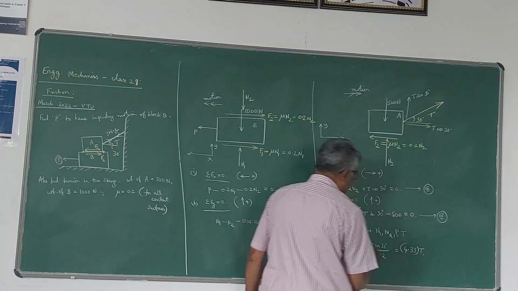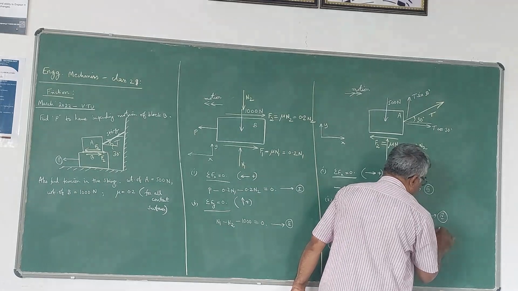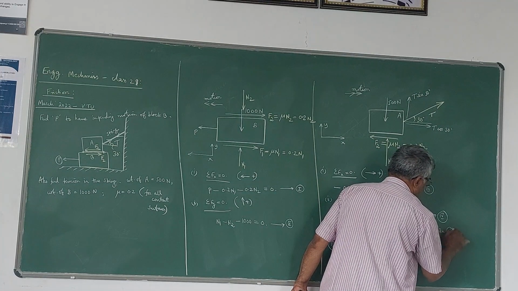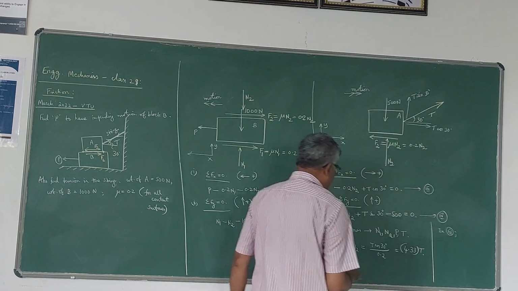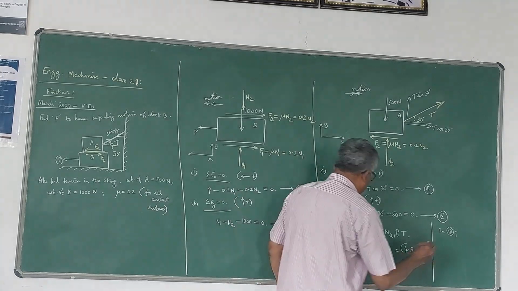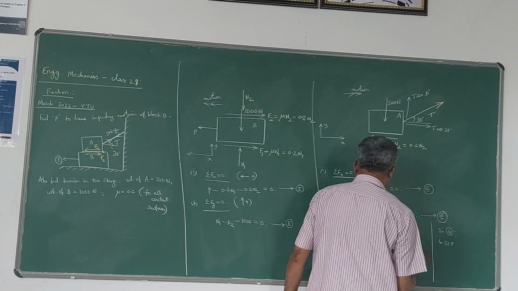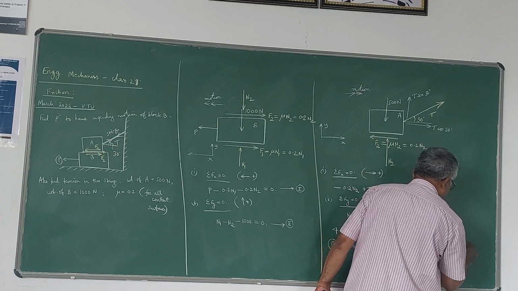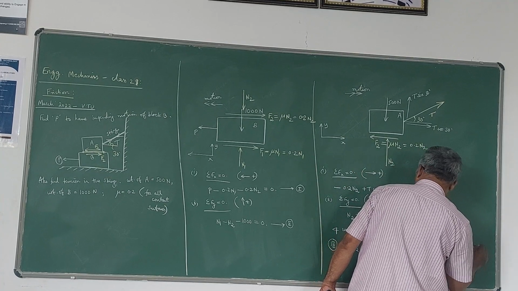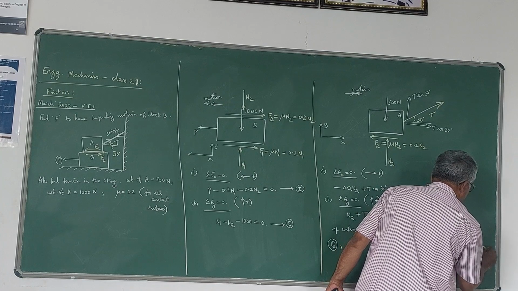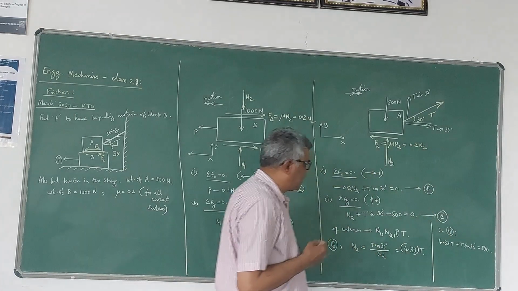Now substitute this in equation 4. If you substitute this in equation 4, N2 is 4.33T, plus T sin 30 is equal to 500. So somehow or the other we have to solve the equations.